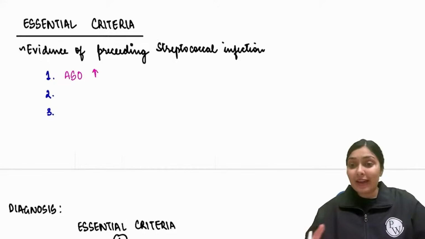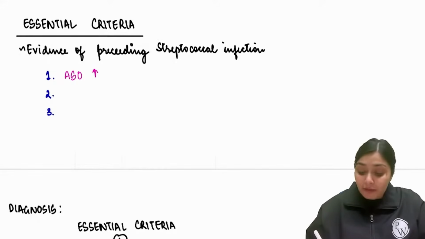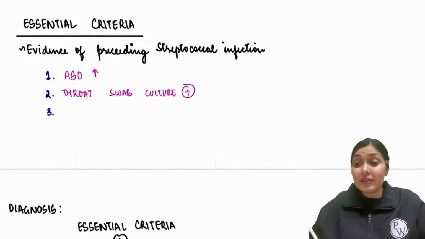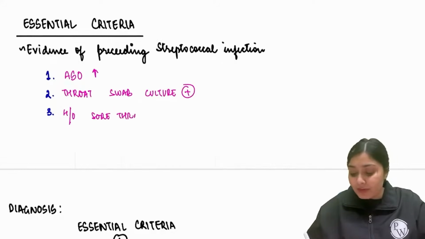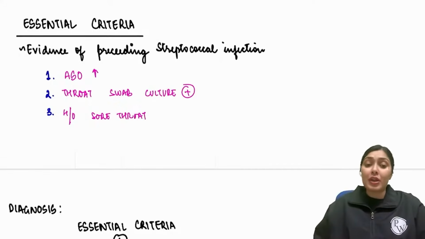If the titer is high, that is suggestive of infection. If there is positivity in the throat swab culture, if you take a throat swab culture and that is positive for the streptococcal, that is an evidence. And lastly but not the least, if there is a history of sore throat, that is also considered as an evidence of preceding infection.